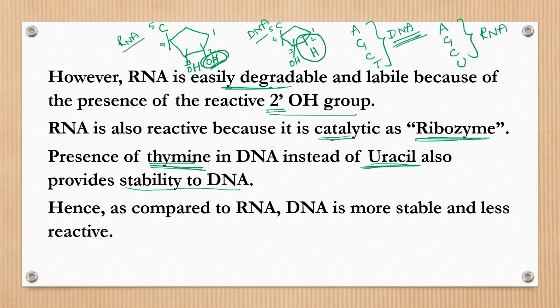Hence, when compared for stability, DNA is more stable and less reactive, whereas RNA is less stable and more reactive.